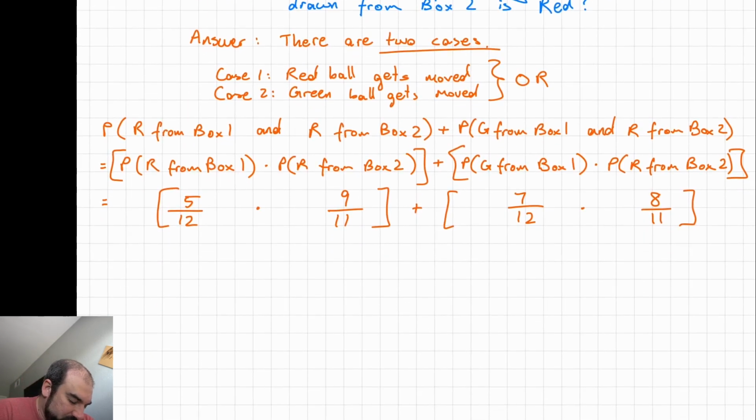And now we just calculate. So what do we get here? We get 5 times 9 is 45 out of 11 times 12, which is 132, plus 7 times 8 is 56 out of 11 times 12, which is also 132. And then we have common denominators, so we can add these together.